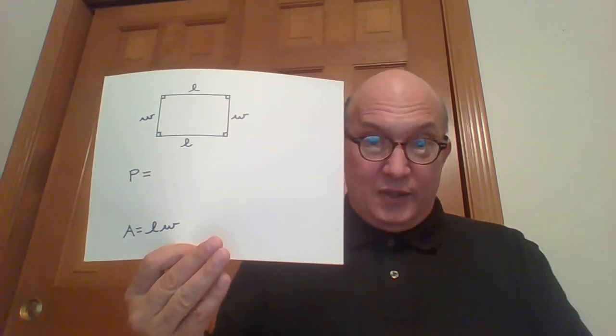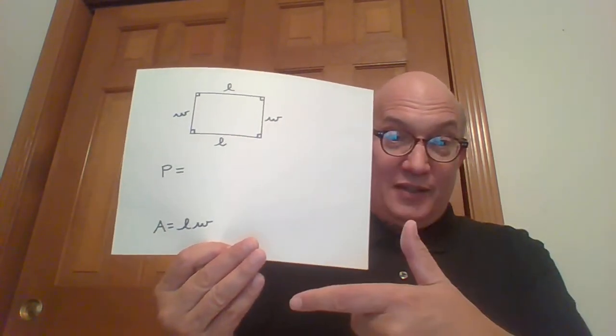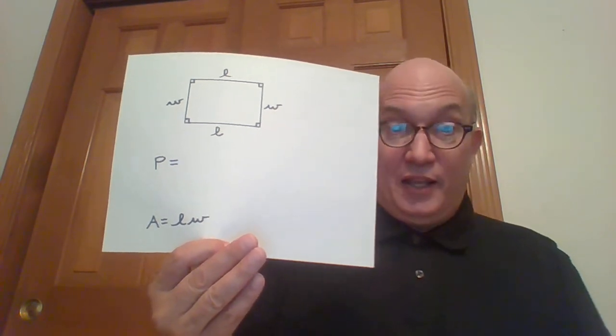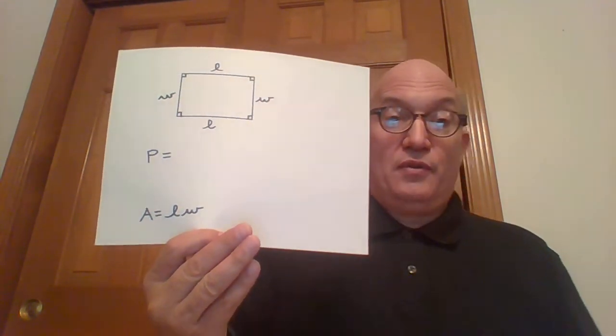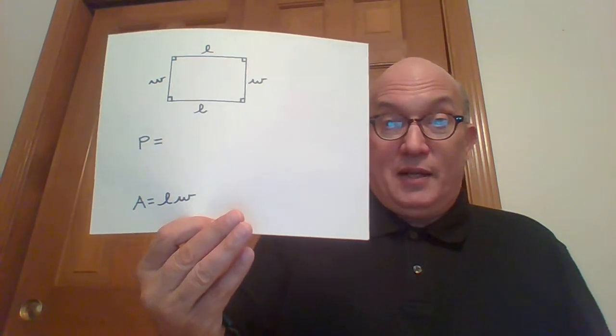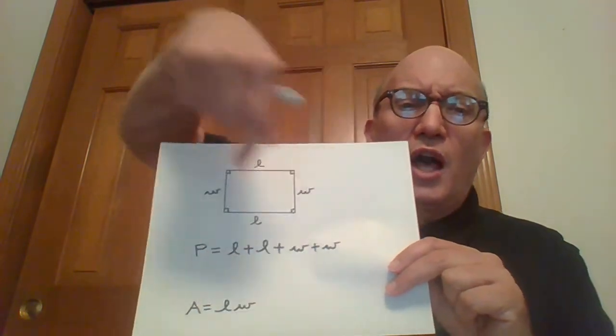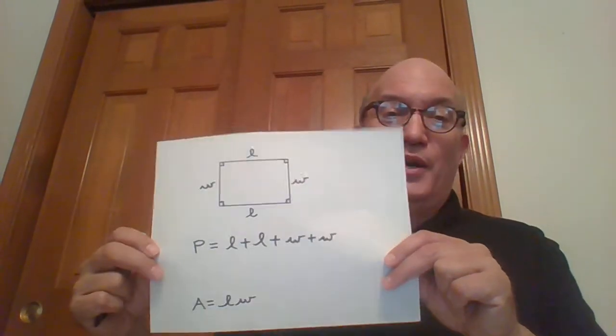Well, one piece has a length of L, another piece has a length of L, the third piece has a length of W, and the fourth line segment has also a length of W. So we can think of this rectangle's perimeter as L plus L plus W plus W.